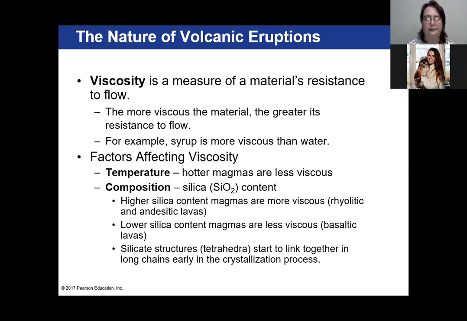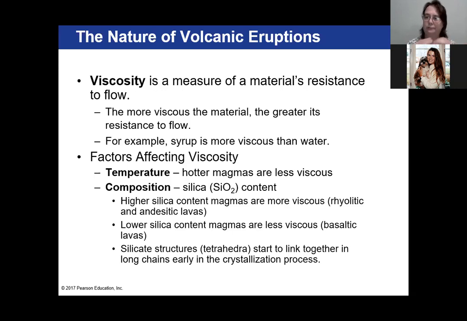If your magma has higher silicates in it, then that's stickier, more viscous, and this would be a rhyolite or andesite, like in the Andes Mountains. So what happens is the more silicates you have, then those tetrahedra start to link together.